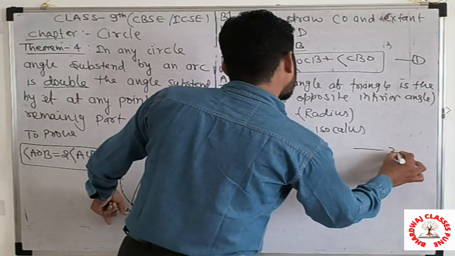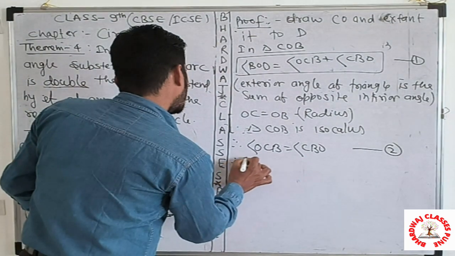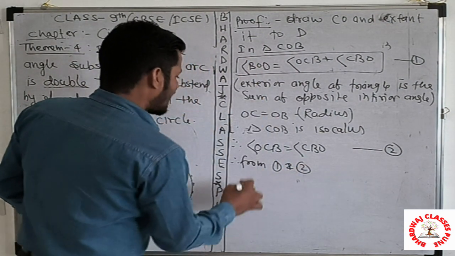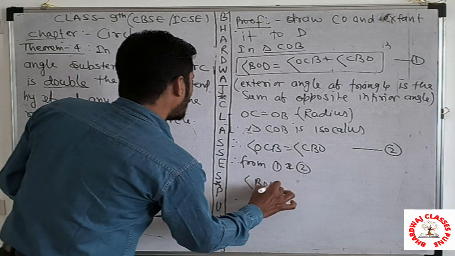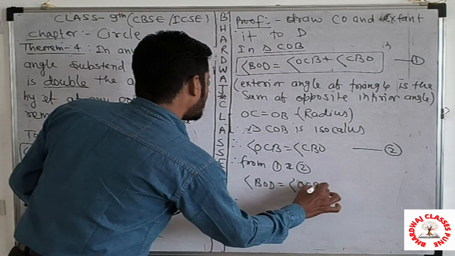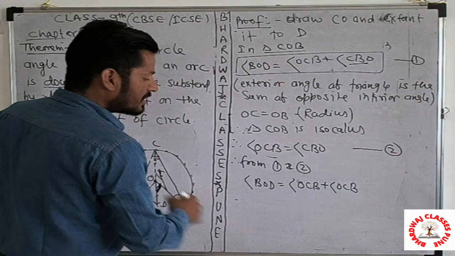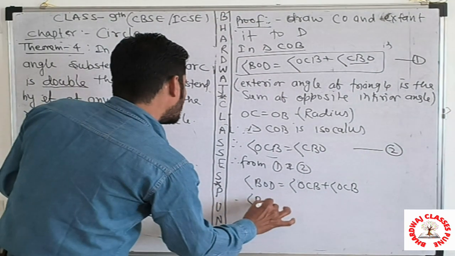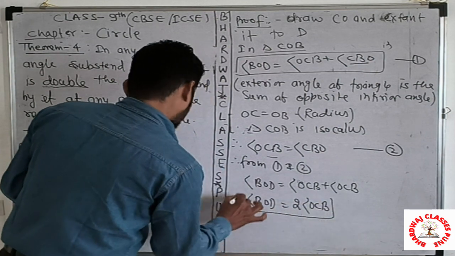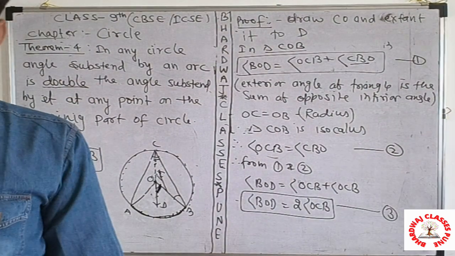This is equation number 2. Now see carefully the first and second. From first and second, angle BOD is equal to angle OCB plus angle OCB, because CBO is equal to OCB, so angle BOD can be written as twice angle OCB. This is the third and an important result.